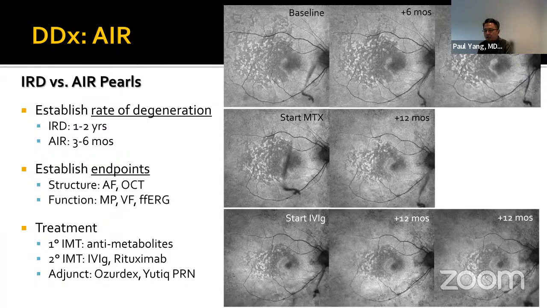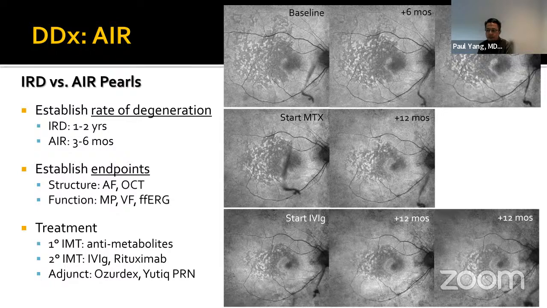But in autoimmune retinopathy, it's typically more rapid. You will see changes over the course of 3 to 6 months. I get everything that I can get when I'm following these patients as far as diagnostics: structural imaging, autofluorescence, OCT, functional tests, microperimetry, visual fields, full field visual fields, as well as full field ERG.